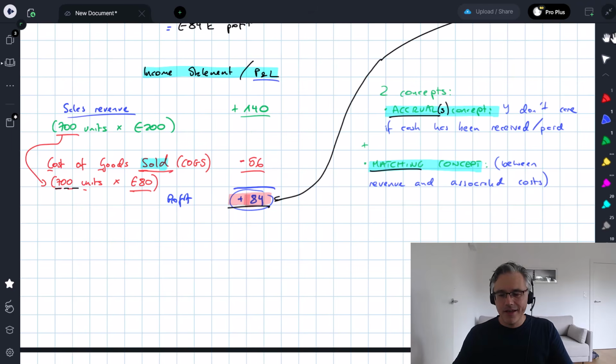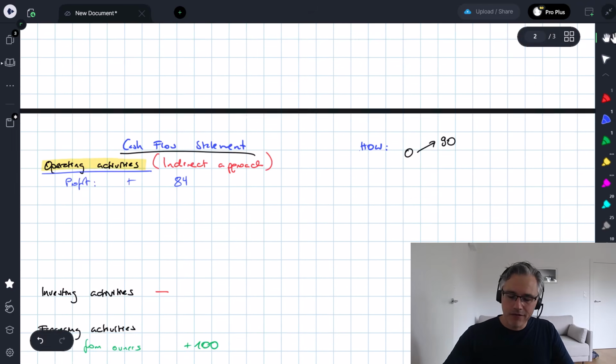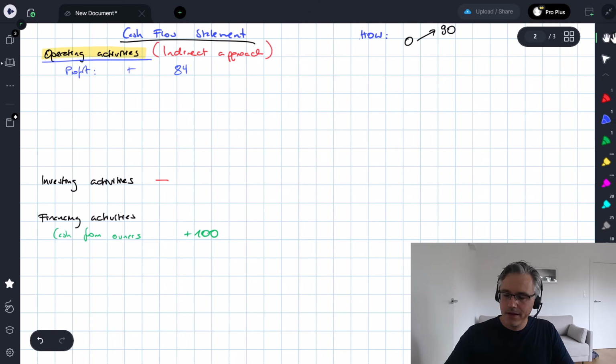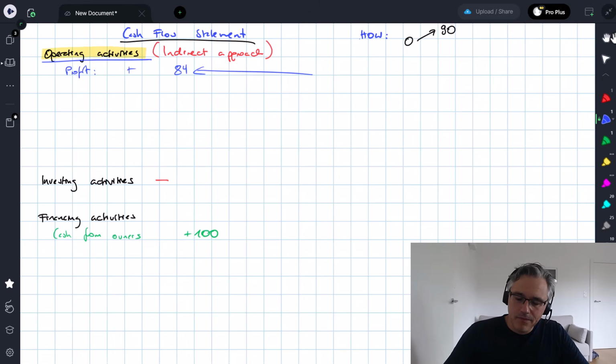The cash flow statement, under its indirect format, says, look, that's the profit, but let's now introduce some necessary adjustments.